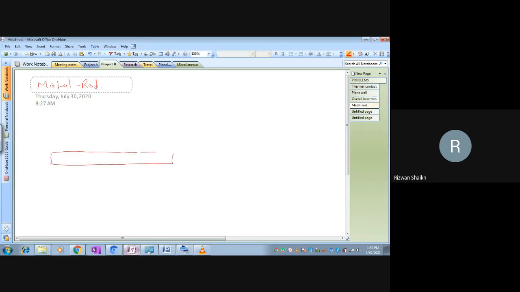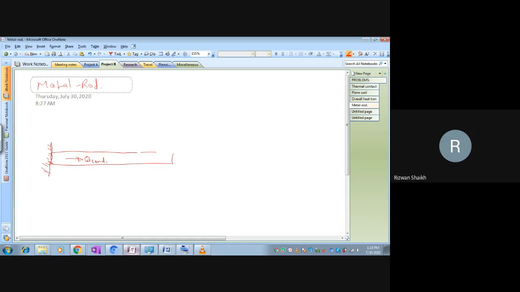This is the metal rod. At one end of the metal rod, heat is being supplied. So I can consider it is the heater, and the heat will flow in this direction by conduction.